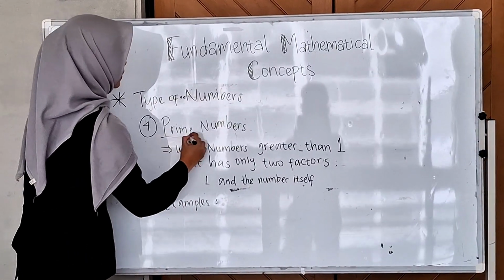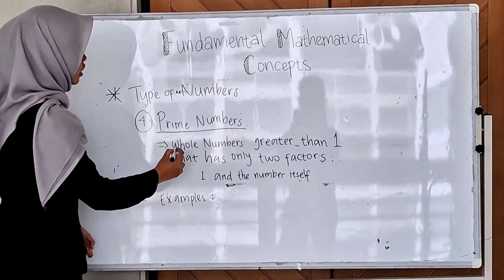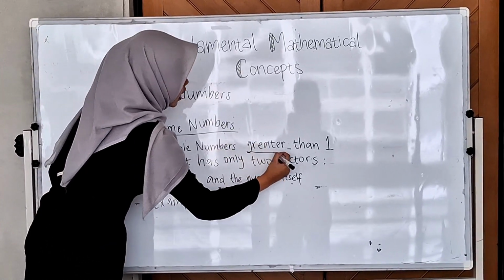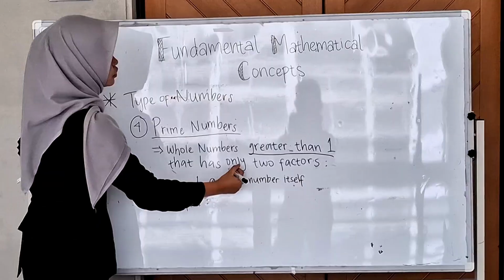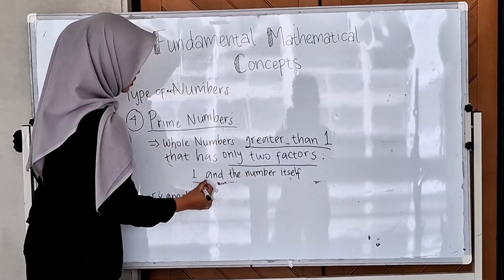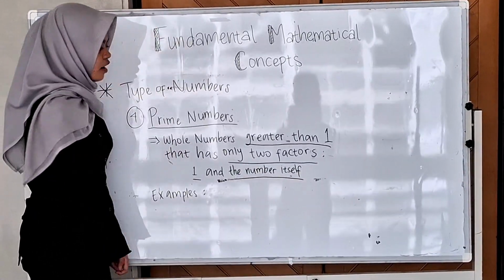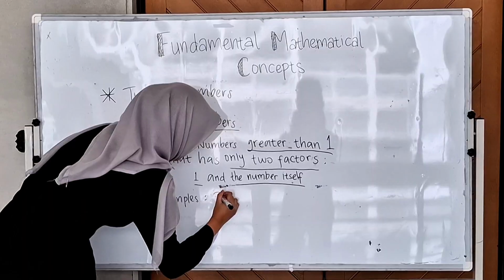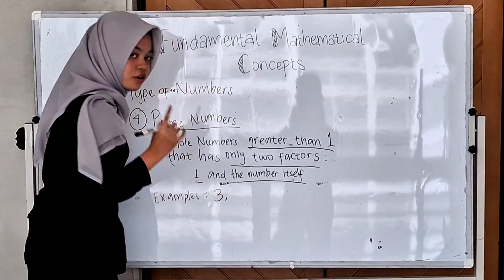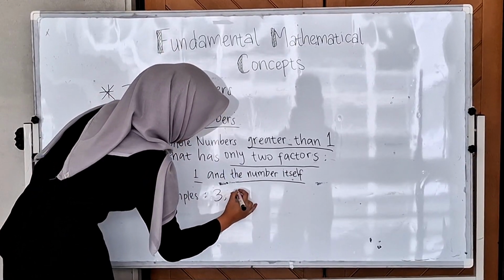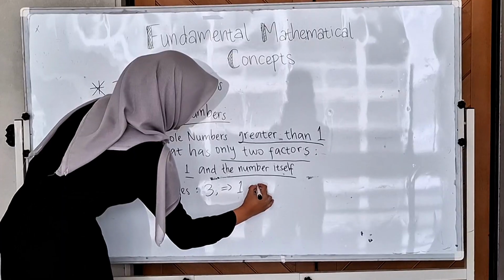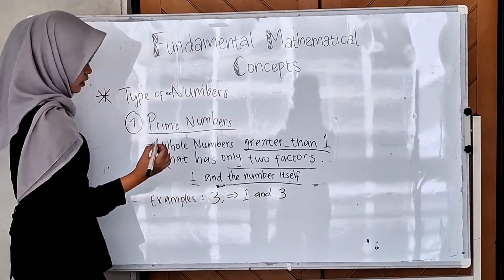Okay, the fourth one is prime numbers. Prime numbers are whole numbers greater than 1 that have only 2 factors, which is 1 and the number itself. For examples, 3, because its only factors are 1 and 3.